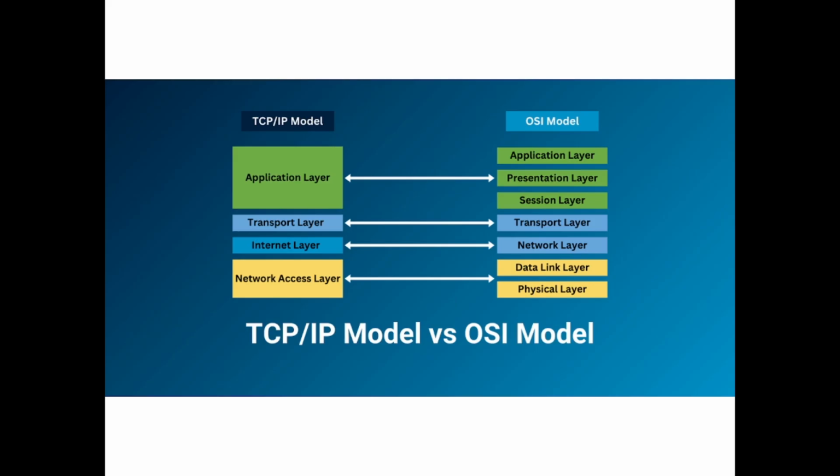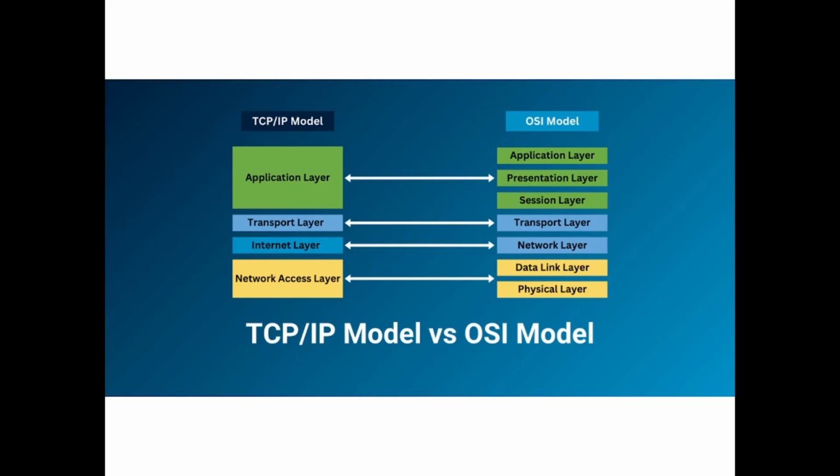Remember I said the first 3 layers of your OSI model, which are layer 7, layer 6, and layer 5, are all handled by your browser. So what the TCP/IP model did was group these 3 layers into one layer. Your application layer, your presentation layer, and your session layer are now grouped into one, which is called the application layer.